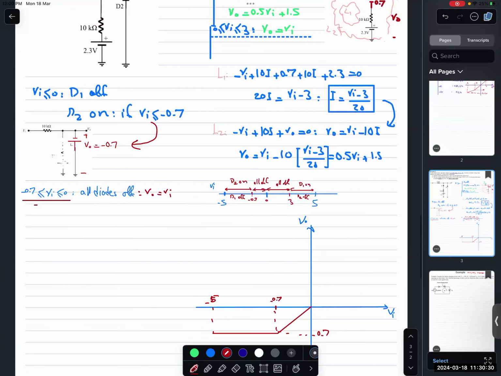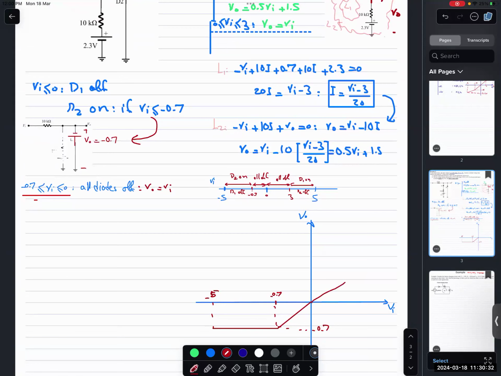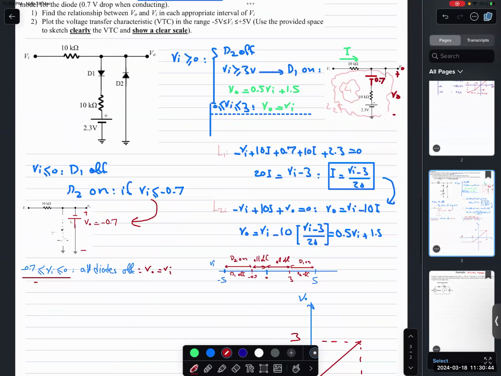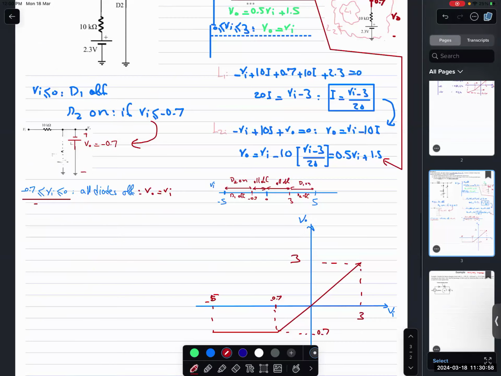Okay, then when the Vi is between minus 0.7 and 3, let's say 3 is here, Vout equals Vi. Then if the Vi is bigger than 3, you will have just 0.5 Vi plus 1.5, so the slope is 0.5 and it will be like this.